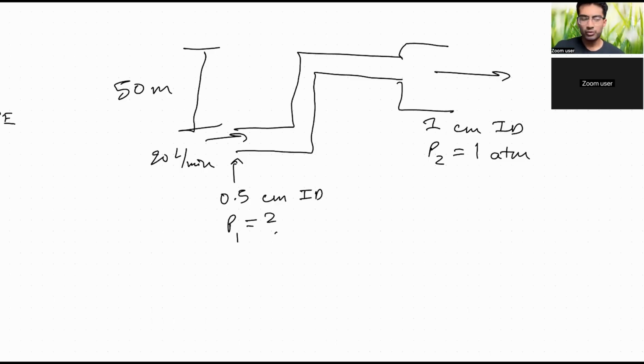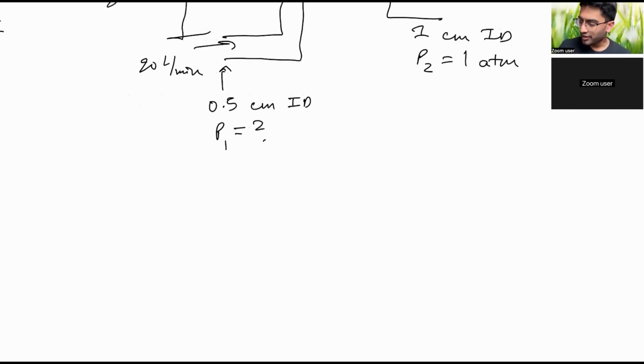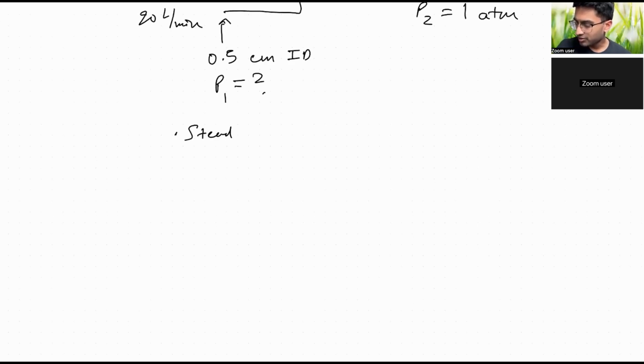So when we're first looking at a problem like this, I think it helps to first check, hey, are the assumptions of the Bernoulli equation holding true, or is it reasonable to make those assumptions? I think it's reasonable to assume that we're at steady state. So that's checked off. This is water, 20 liters of water. So water is an incompressible fluid.